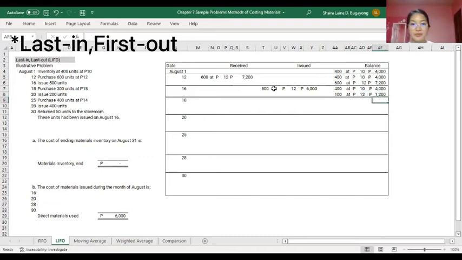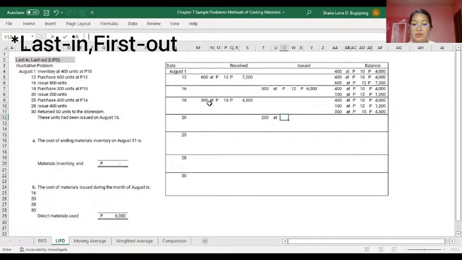Okay. For August 18, nag-purchase na po siya og 300 units at 15. So 300 for 5. Our balance is kani before and then plus kani dayon nag-purchase. Okay, so for August 20, nag-issue siya og 200 units. So last in, last out man ta.